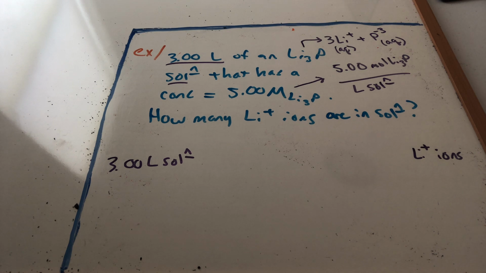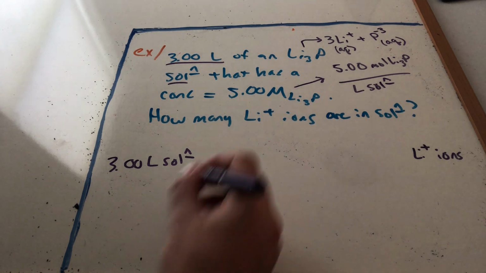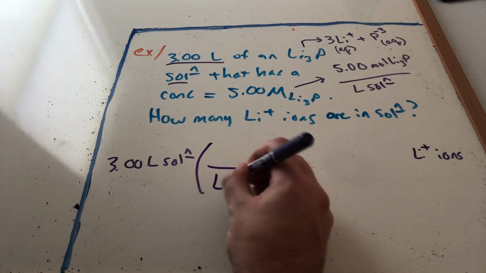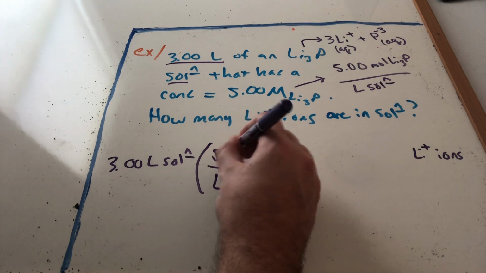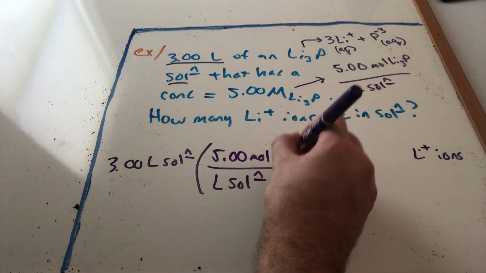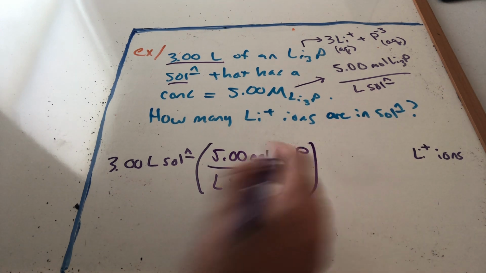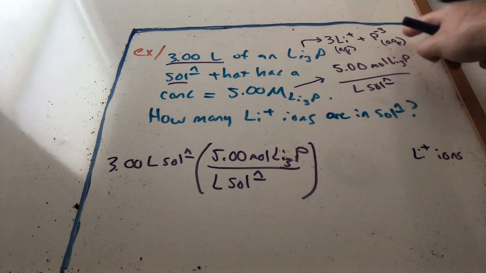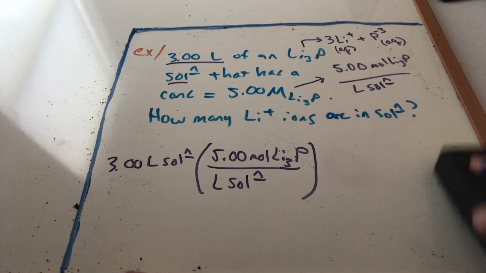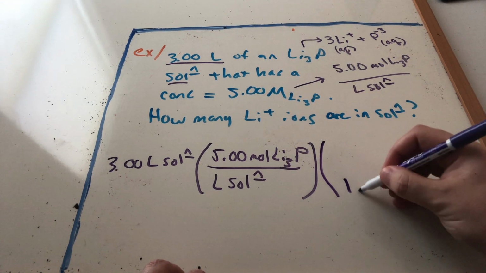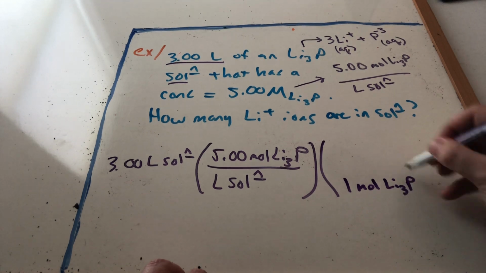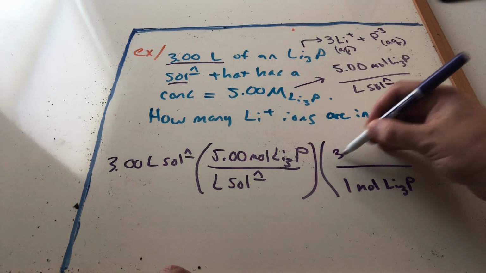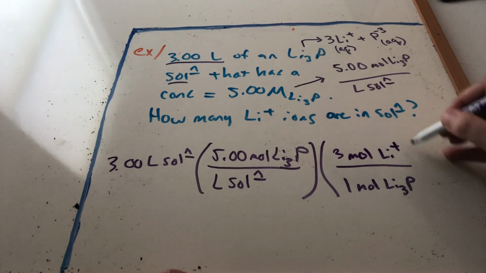Okay, so different identity, have to get to moles somehow. Ooh, I do have this, that helps. Next step will be, for every 1 liter of solution, there's 5.00 moles of Li3P. If I know moles, I can count using Avogadro's number. But Li3P is not Li plus. Oh, wait a second. I realize that with the dissolution process, for every 1 mole of Li3P, we get how many Li pluses? 3 moles of Li plus.